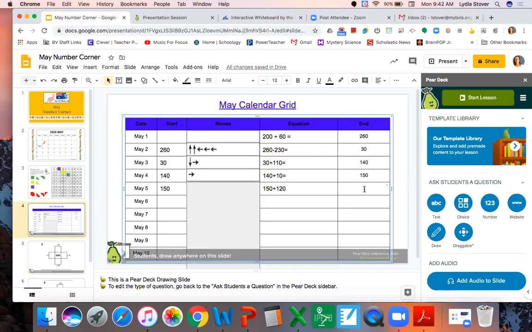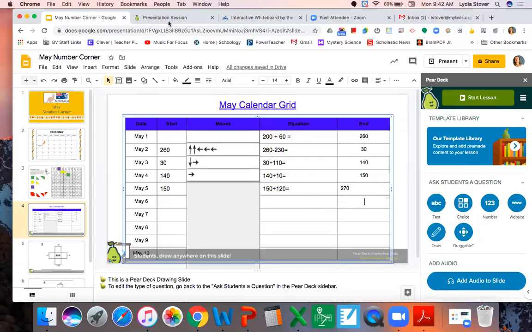If you have your number grid with you, you can put your finger on 150, go down 100 and go right 2 tens. See where you land, and that should be your answer. Some of you are finding it. That means we should have landed on 270.